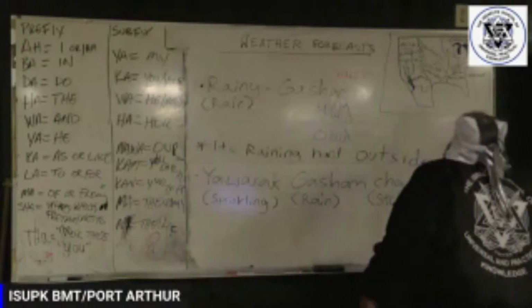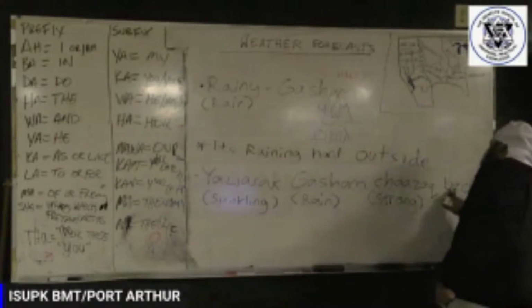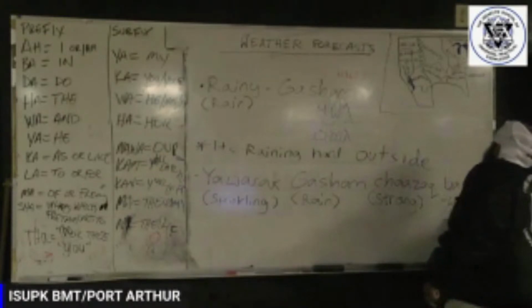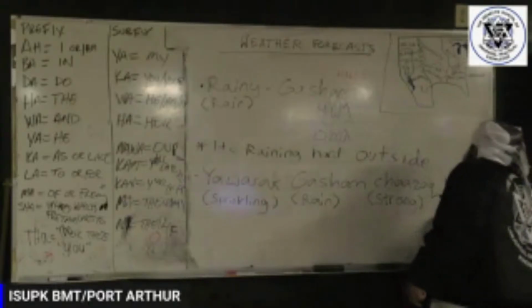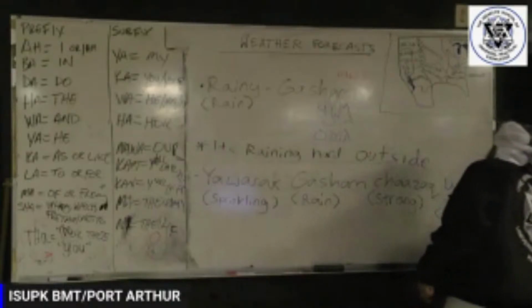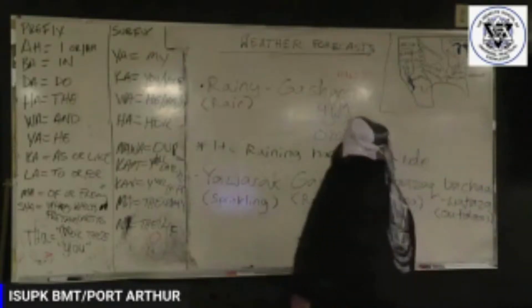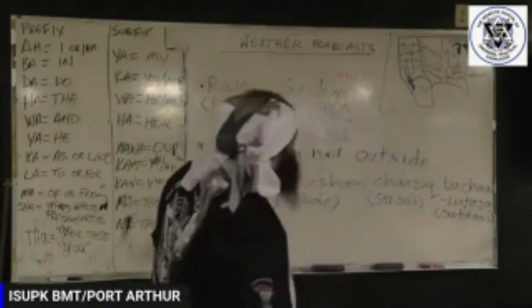And Bakha Watazah means outside. We have this prefix ba, so it's in the outdoors. Ba Khawatazah. So outdoors. Sparkly rain, strong outdoors. That's how you say it in Hebrew.